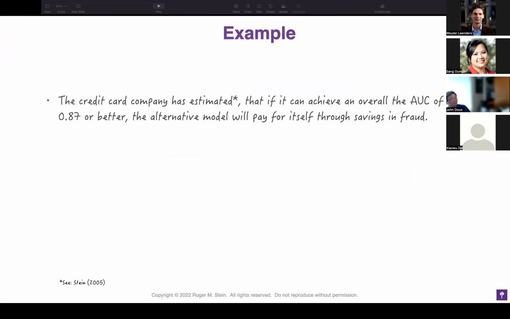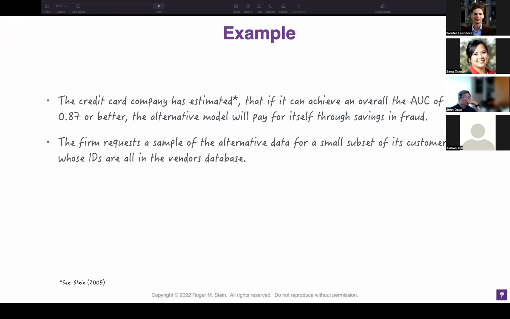The credit card company, however they did it, estimated that if they can get their AUC up to 0.87, then that would be sufficient to pay for whatever the exorbitant cost of the data is, from a cost function perspective, as Bob was talking about. So the firm says, give us a small subset of your data that we can match for our customers. We want to get a rough idea of what the AUC is.